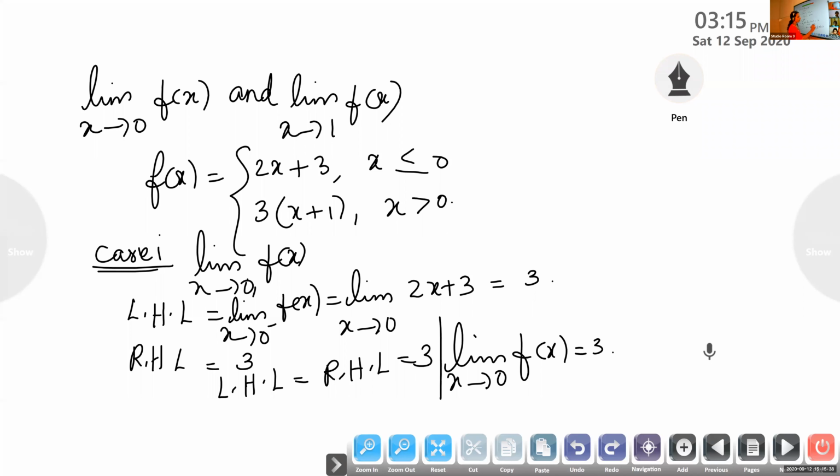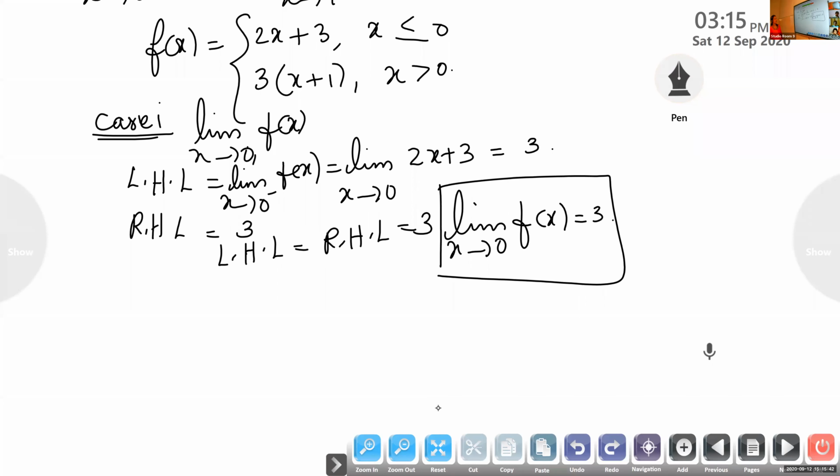So the first one we have completed. Now look at the second one. What is this case 2? The second one we have to find is limit x tending to 1 of f of x, isn't it? So when x tends to 1, look at the function.